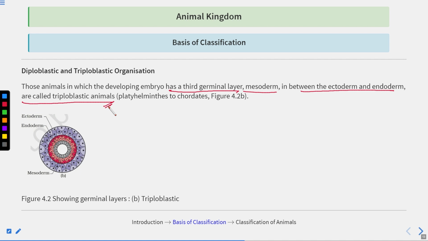It is not just a matrix substance as we have seen in diploblastic animals having the mesoglea. We see this in the case of platyhelminthes to echinodermata, the triploblastic layer.